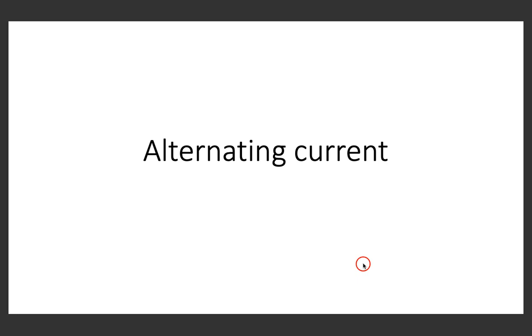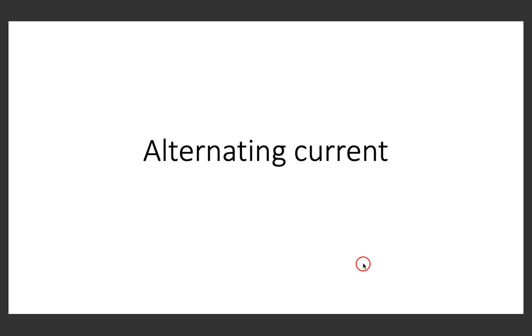Okay, so with that, we'll get started with today's lesson, which is on alternating current. Now, alternating current is exactly what it sounds like just from the name. An alternating current is a current that changes direction. So up until this point in the unit, we've only really ever thought about direct current, which is a type of current that's only flowing in one direction around a circuit.